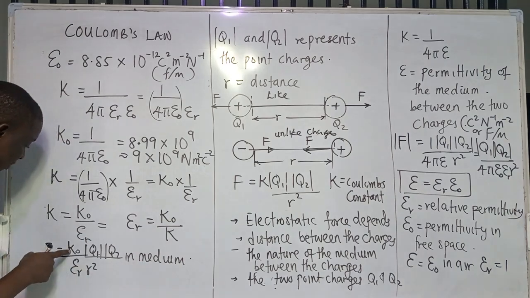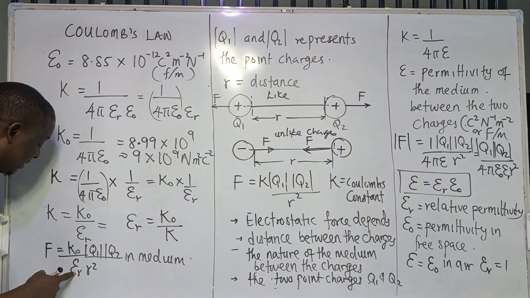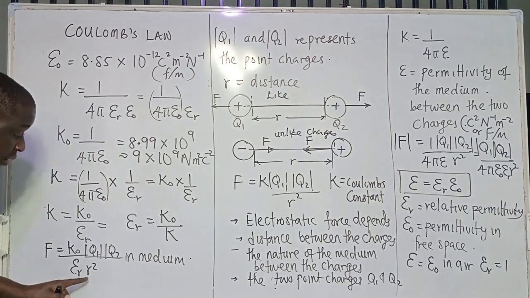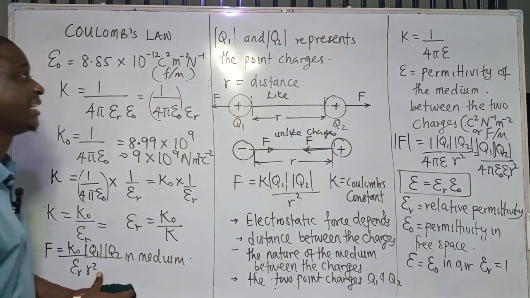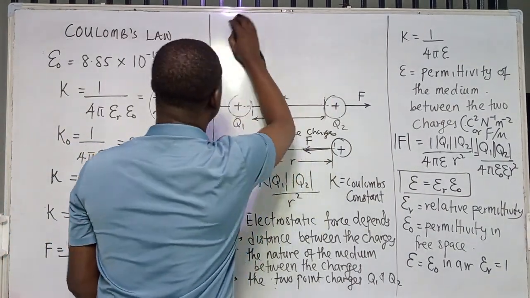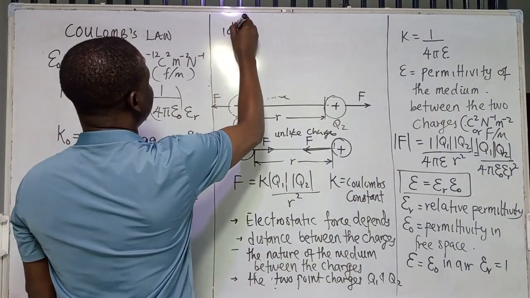Now, that means K naught is our constant value, epsilon r is the relative permittivity, they may give you a dielectric constant, and then r square is the distance squared. Another thing you must know is that for a medium, if they say identical charges, what do you mean by identical charges?